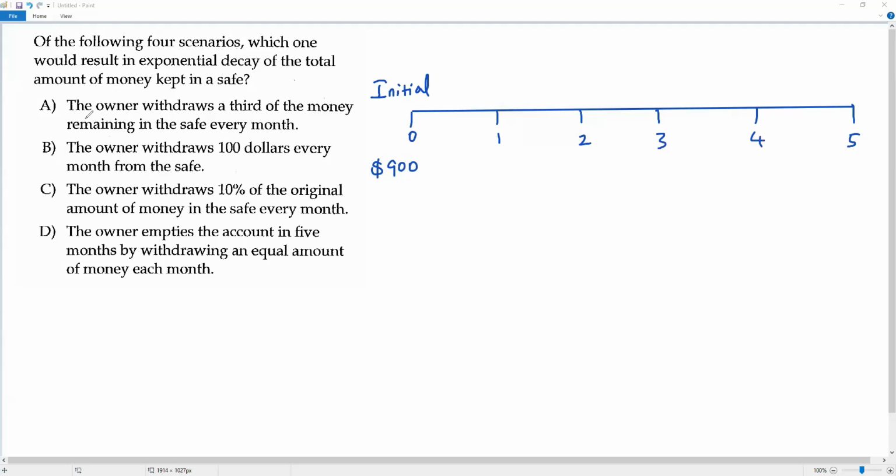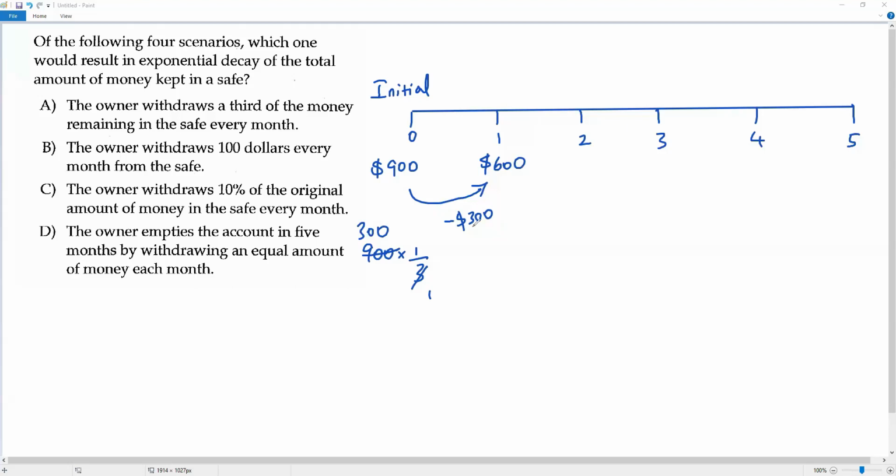According to option A, how much money does he withdraw at the end of the first month? A third, that means 1/3. So 900 times 1/3: 3 goes into 900 three hundred times. So he withdraws $300 at the end of the first month.